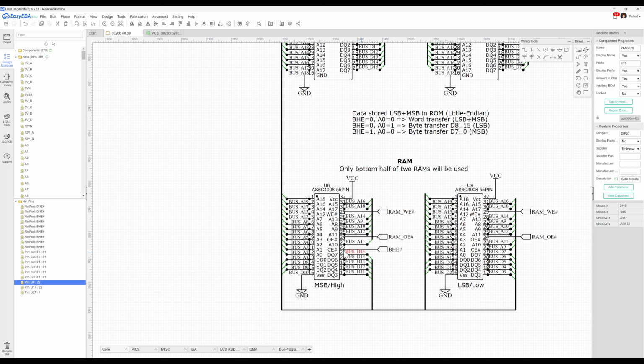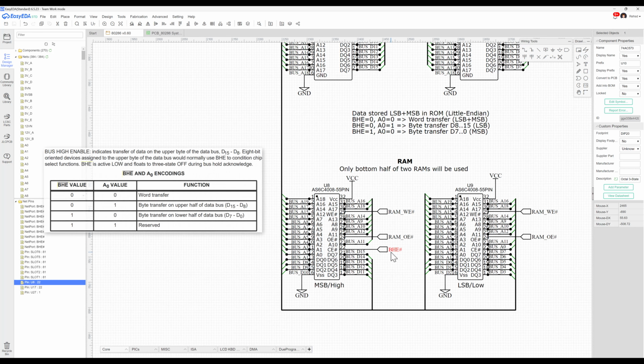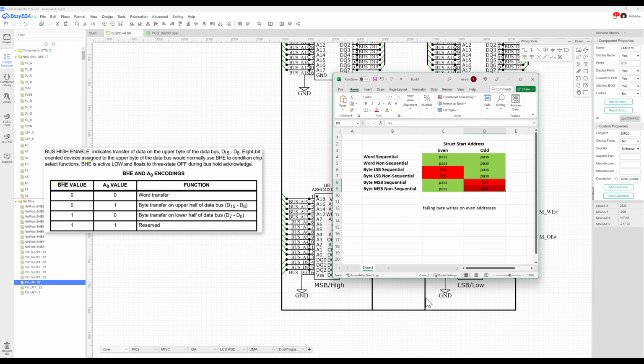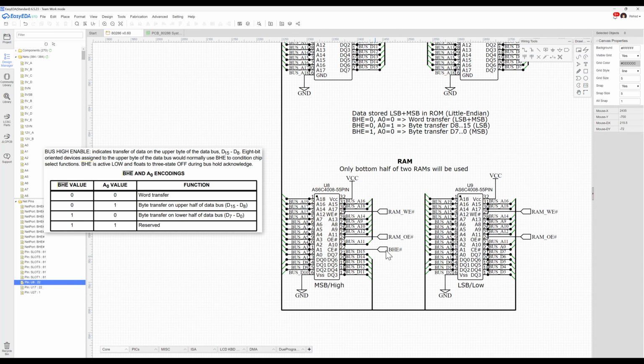But then if I look at the chip enable, one of them is tied to A0 and one of them is tied to this active low BHE signal. And as I looked at the spreadsheet, it brought me to the conclusion that there's something wrong with the BHE signal on this high byte.